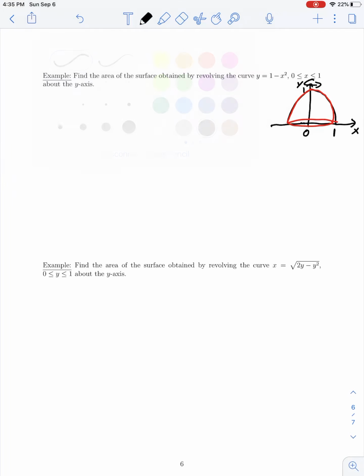So let's use our formulas to set up an integral for this surface area. In general, to find the surface area for a surface of revolution, we're going to integrate 2 pi, which I can always pull out in front of my integral, times the radius of our cylinder.